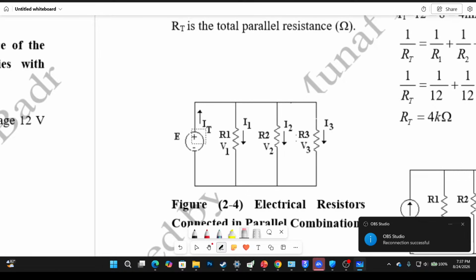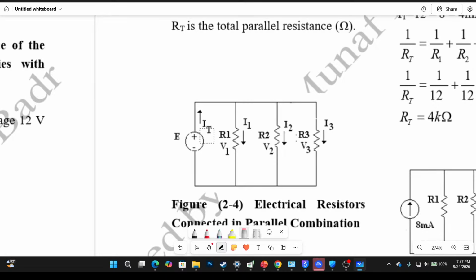Should be 0. Now, having this E to be our voltage source, the sum, E plus our V1, sorry, our V1, should give us 0.